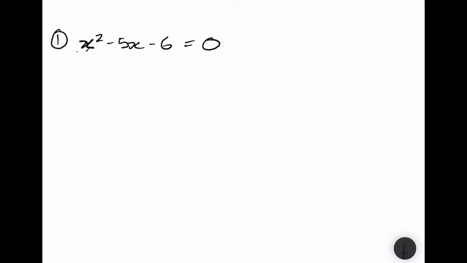So we don't need to worry about that because it's already 1. Then the next thing is we are going to isolate the constant term. Please listen carefully. So I'm going to say x squared minus 5x, and I'm going to take the 6 to the other side.